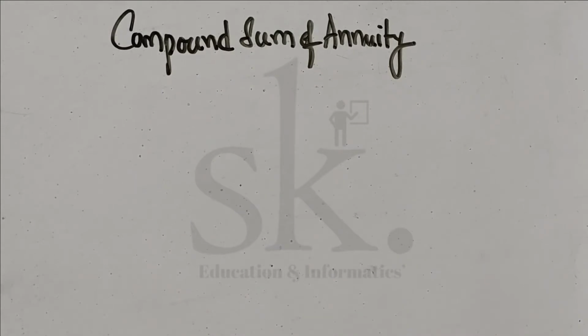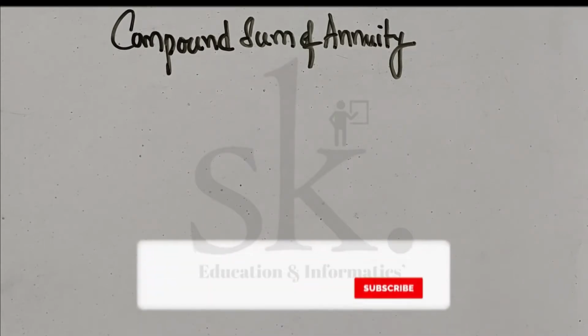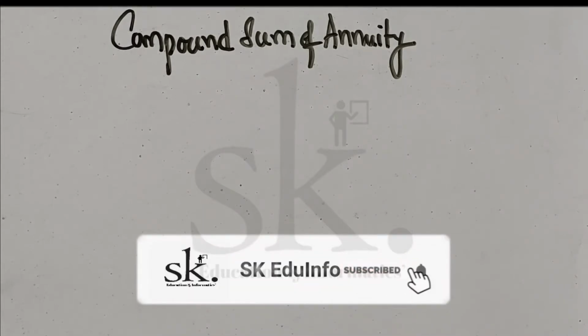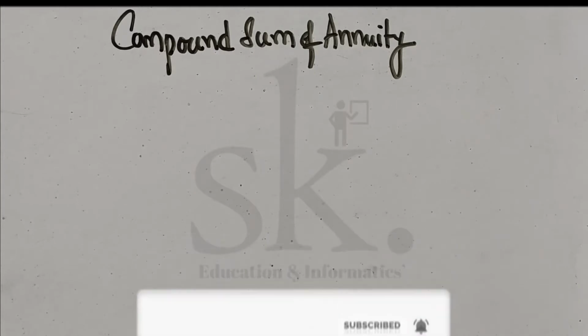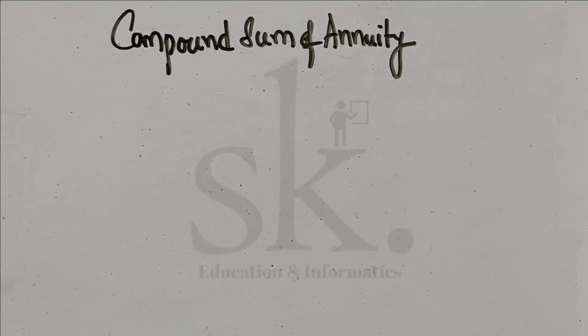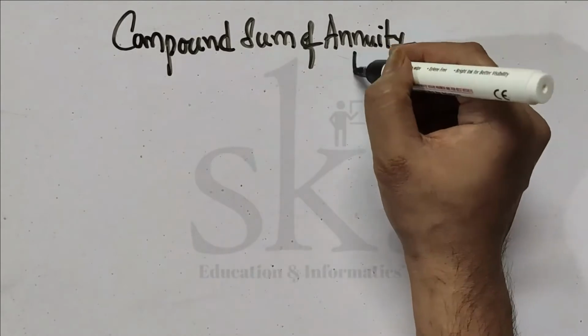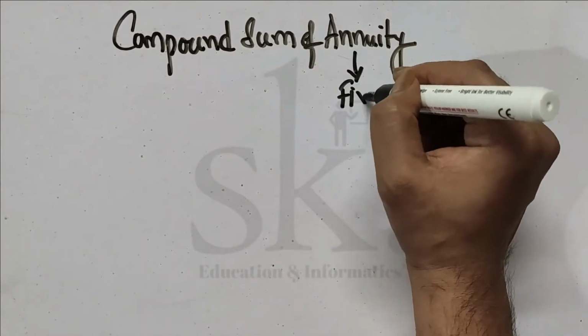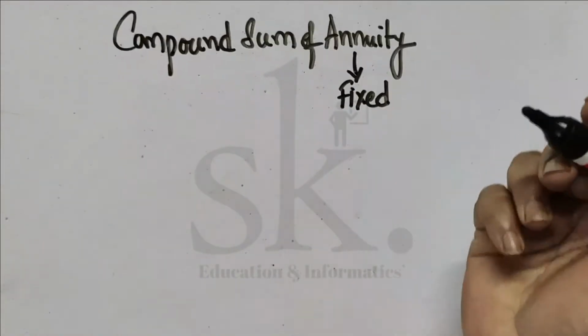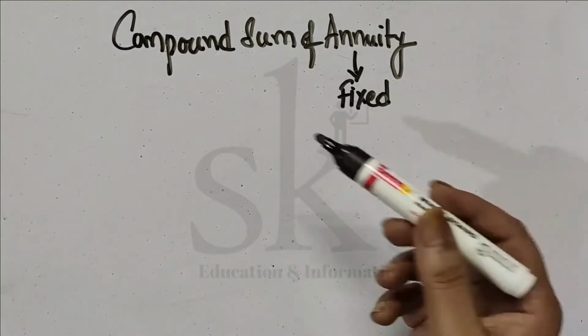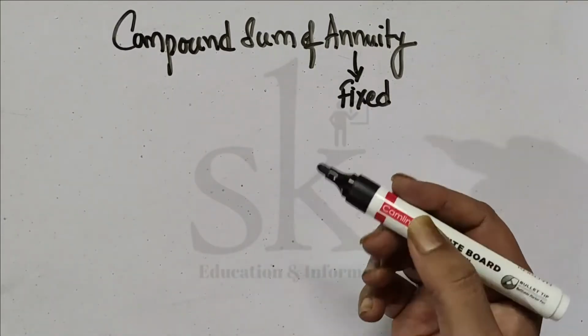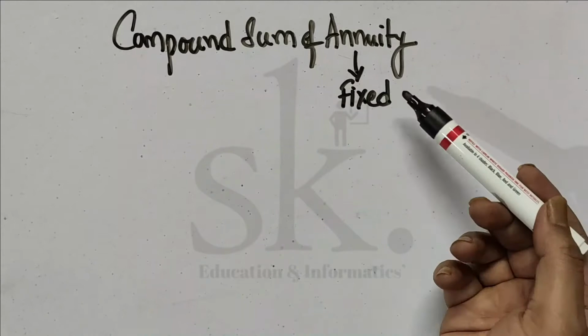We pay EMI for a home loan which is also fixed in nature. Every month the same amount is debited from the bank account. So annuity refers to when the amount is fixed in nature, that means the same amount is paid. In this case, from the point of view of investment, the same amount is invested over and over again.